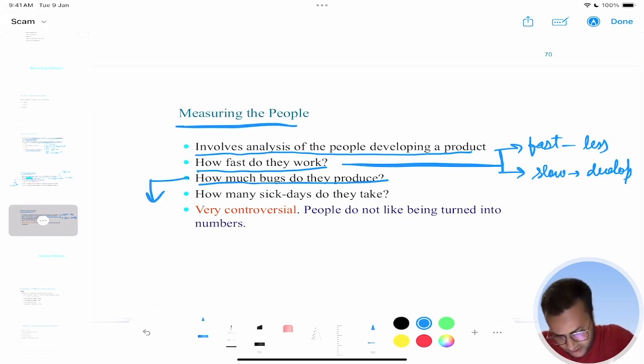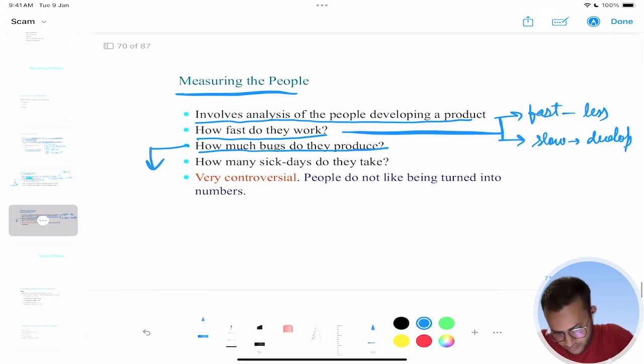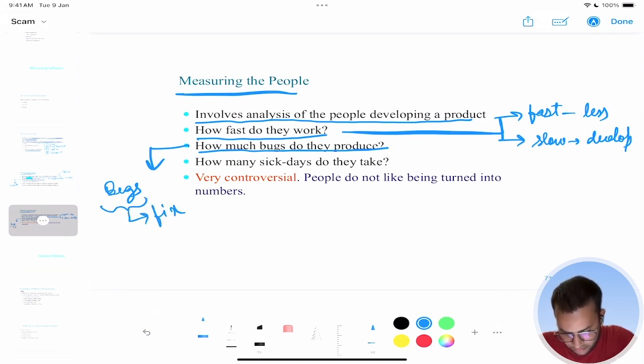If the people working on the software produce many bugs, then during the testing phase we have to recognize all those bugs and fix them, so it will take a very large amount of time to implement the software. Now, how many sick days do they take? It basically means how many leaves they will take, so that will also affect the making of the software.